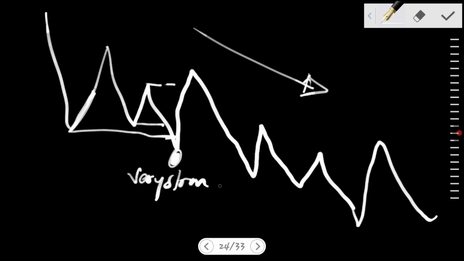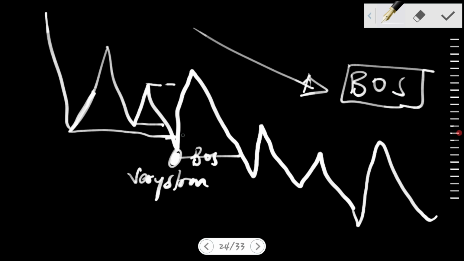But since it was still broken, that means this is a valid break of structure, which most times we call BOS, meaning break of structure. It is a very valid break of structure because the market first took out the inducement, then afterwards continued its direction.